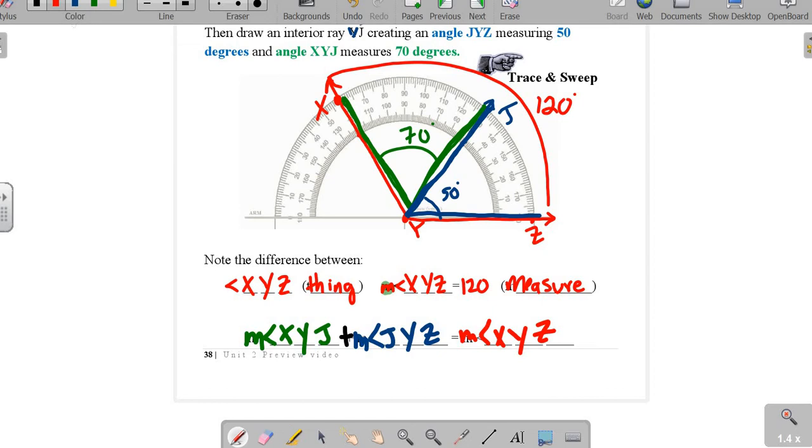That's called angle addition. Notice we put a little m in front of it. That means measure of. So the measure of this angle plus the measure of this angle equals the measure of this angle.